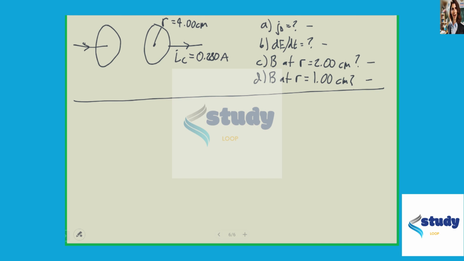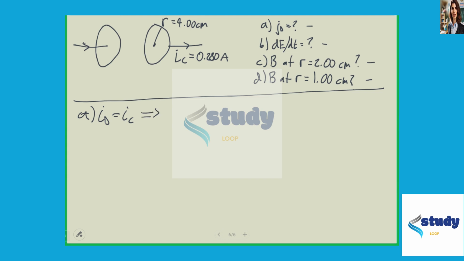So for A, the first thing to realize is that actually the conduction current is equal to the displacement current in this particular situation. That comes directly from the definitions of those two quantities.